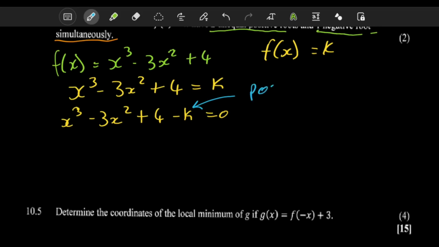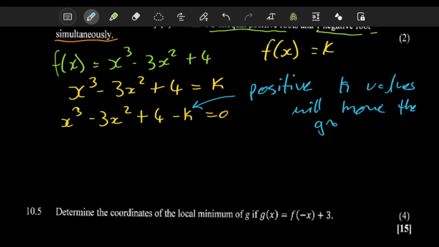Positive k values will move the graph down. The reason is because you have a negative over there. So whatever k is, if it's a positive number, it will move the graph downwards.